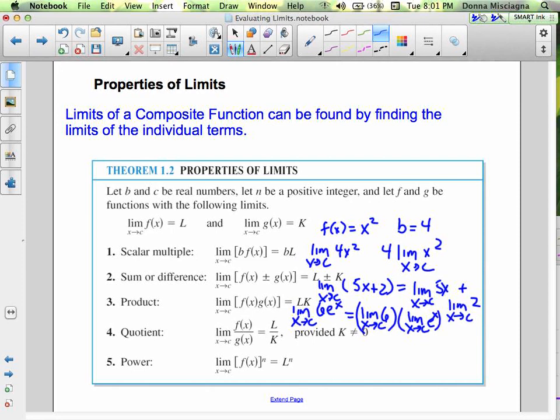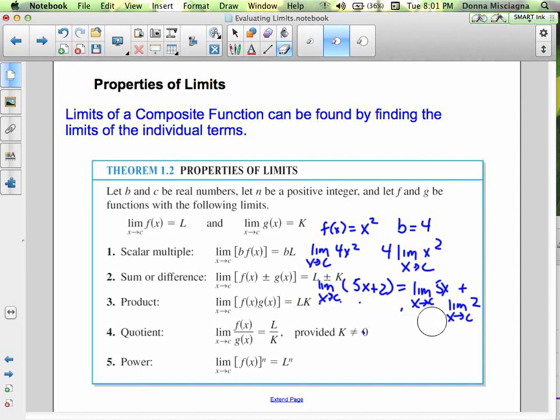And in this case, let me do a different example, because that 6 is a scalar multiple. I could have just factored that scalar multiple out. Let me not do it as a scalar.